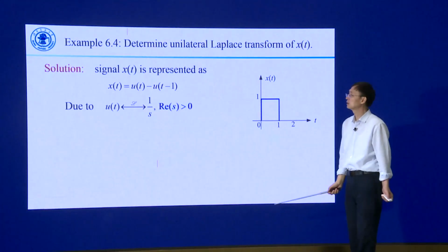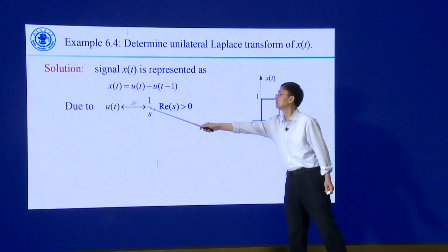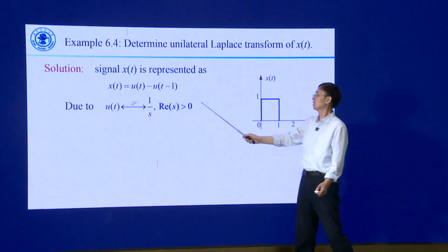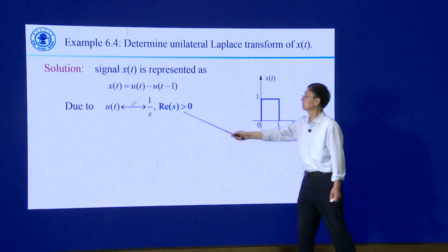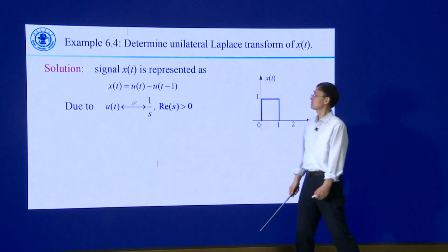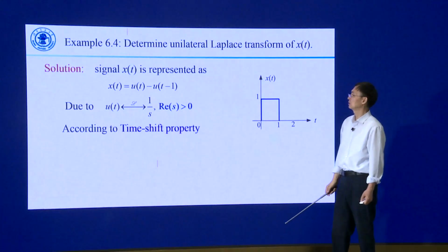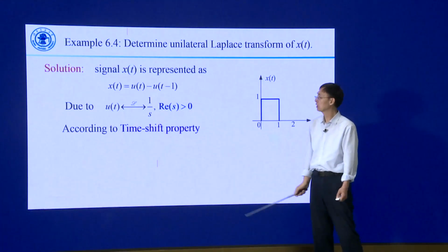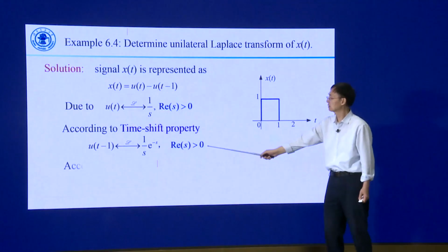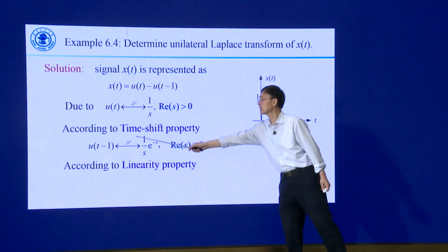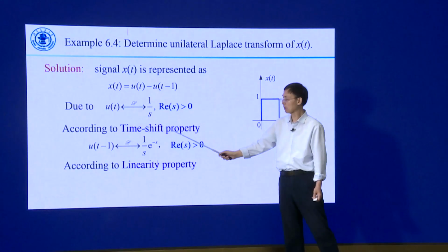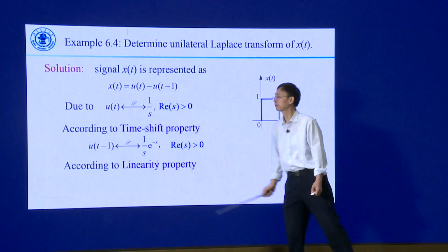We have now step signal u(t), its Laplace transform is 1 over s. So according to time shift property, you can get this signal and we can get the Laplace transform for this signal.